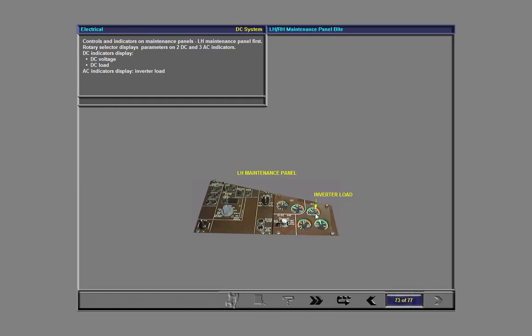The AC indicators display inverter load, frequency, and voltage. The rotary selector positions are external power, generator 1, generator 2, inverter 1, inverter 2, main battery, and emergency battery.